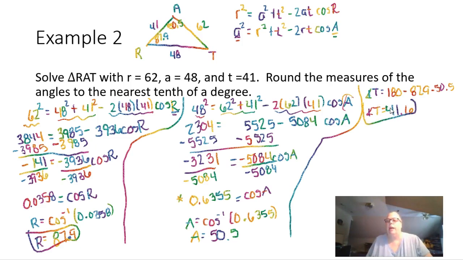Okay. Now, we could have used the law of cosines one more time and figured out that angle, but it was a little bit quicker to figure it out using the fact that all the angles in a triangle add up to 180 degrees. But we are finished. We have angle R, angle A, and angle T. This triangle is solved.